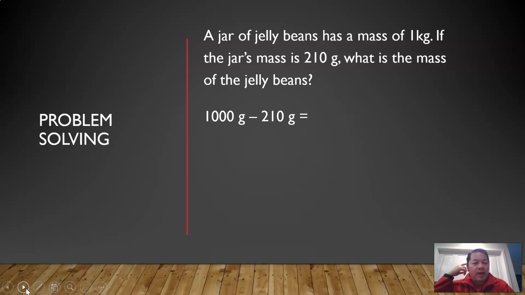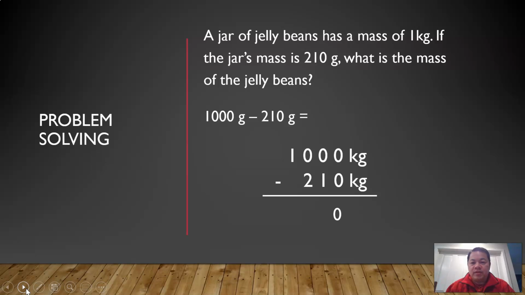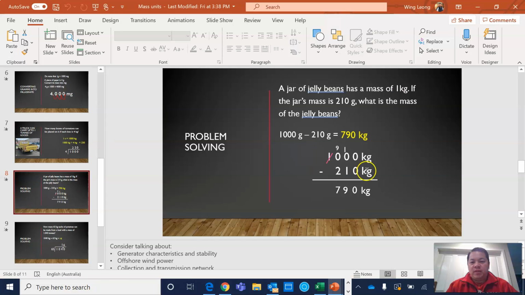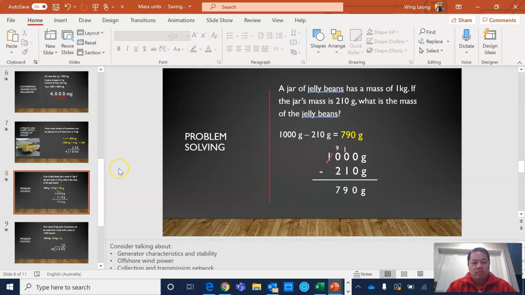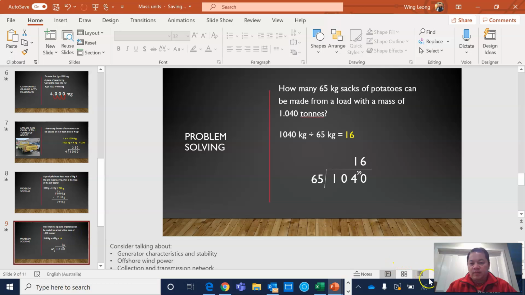So 1000 grams minus 210 grams, a simple calculation, you get 790 grams. Do forgive me, it's meant to be grams, not kg. Okay, well done. Let's move on to the next question.